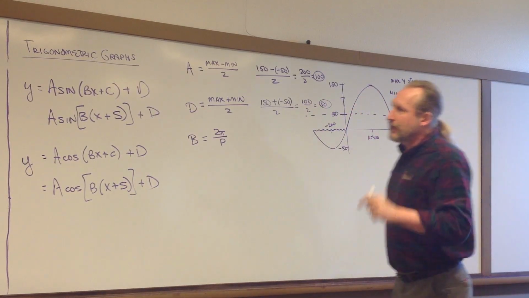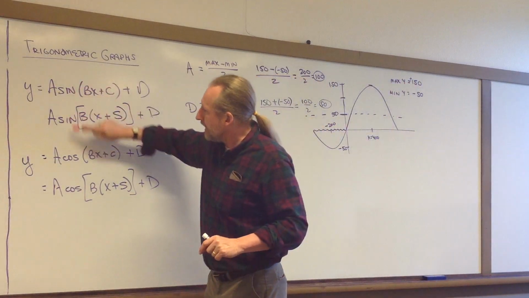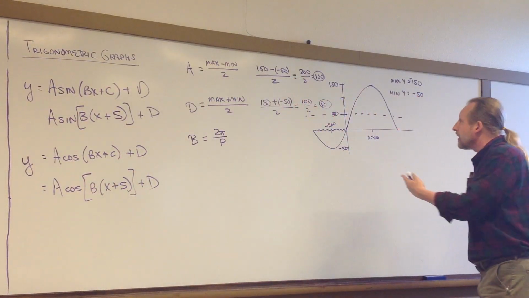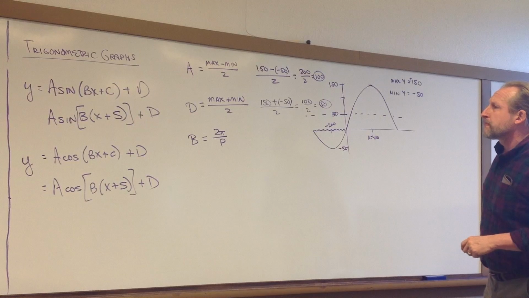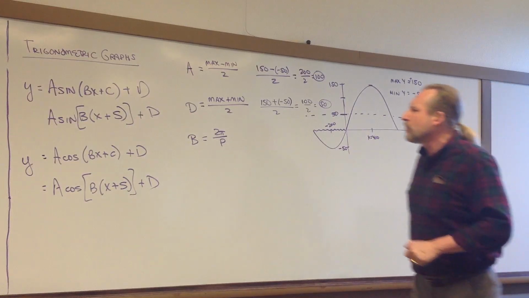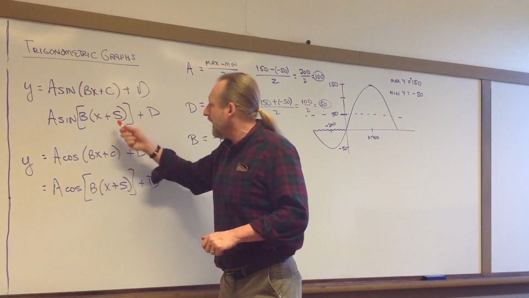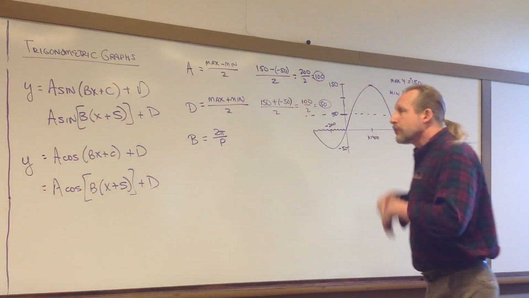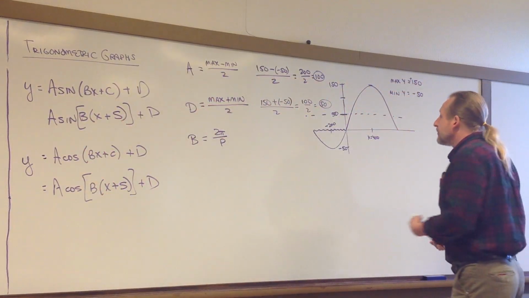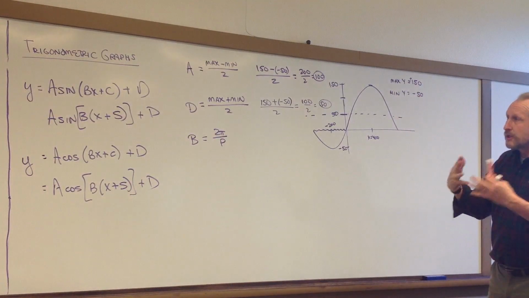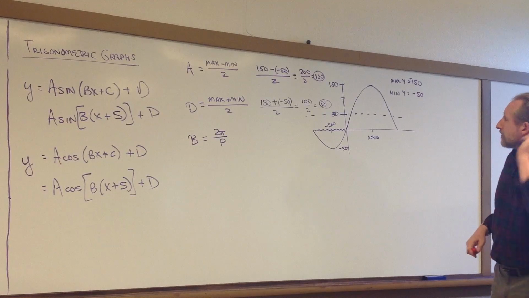Now, a couple things. We need to choose either a sine or a cosine function. We can actually use either one on this. And then, once we do that, we need to figure out the period and our new starting position. So the starting position, and whether you're using sine or cosine, are really closely related to each other, okay?